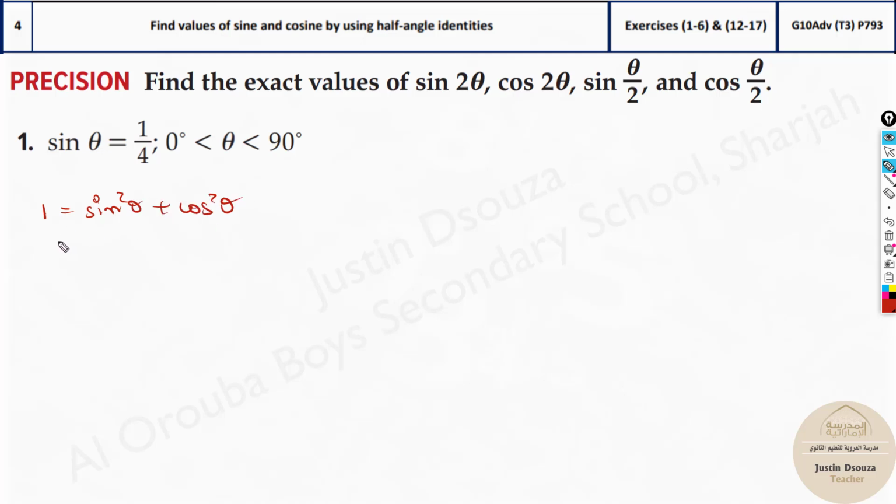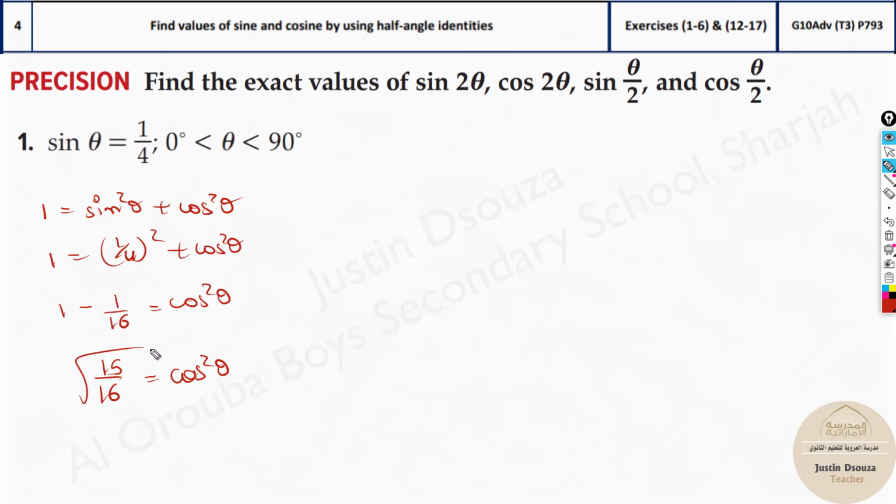Substitute what we know: sine is 1 by 4, the whole square, plus cos squared theta. Now you can take this to the other side, it will be 1 minus 1 by 16, since 4 squared is 16, equals cos squared theta. This will be 16 by 16 minus 1 by 16, which is 15 by 16. So 15 by 16 equals cos squared theta.